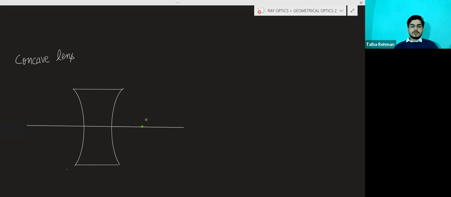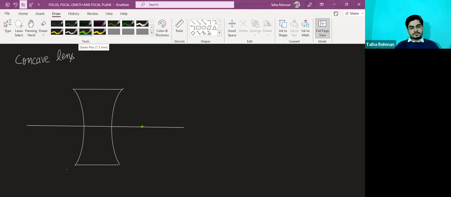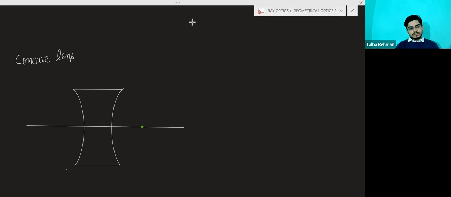This is some point and there are some rays.